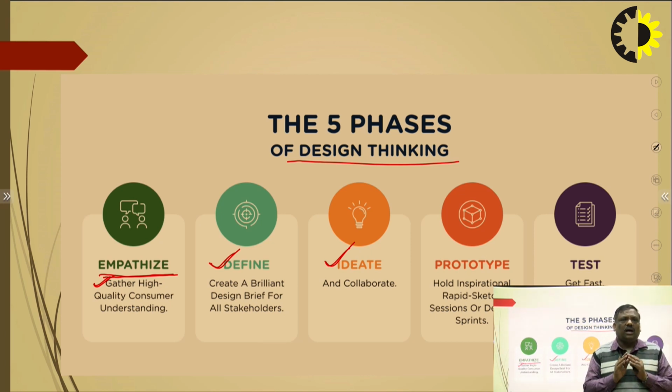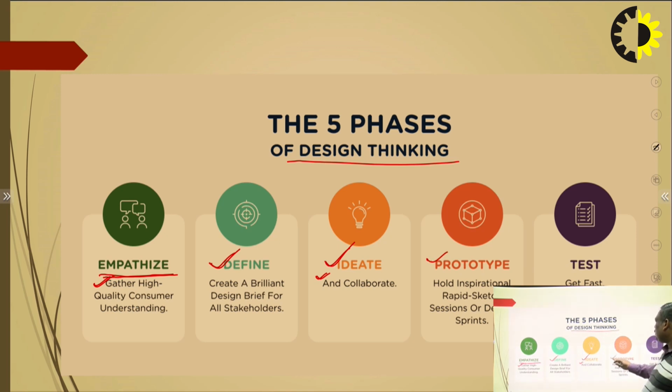Then we accept all challenges and find a solution for the client, and maybe more ideas can come from the designer side. So there will be a collaboration to provide the services to the client.